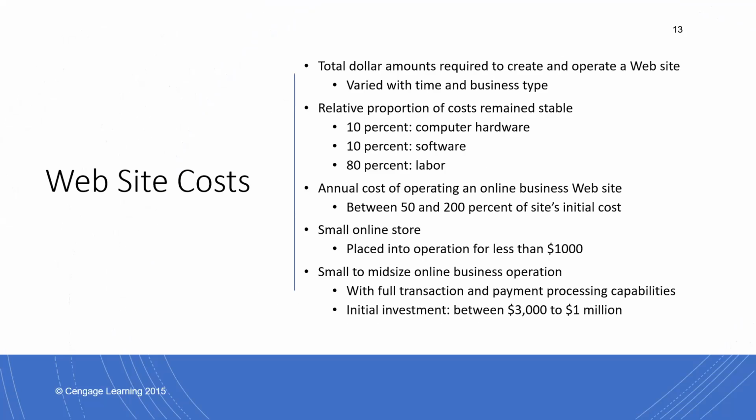So here, this is the breakdown. For the website, it's 10% computer hardware, 10% software, 80% labor. This is usually the ratio. It's about 20-80: 20% the equipment, 80% labor. That's usually the case in almost everything, except for very high capital businesses like oil.